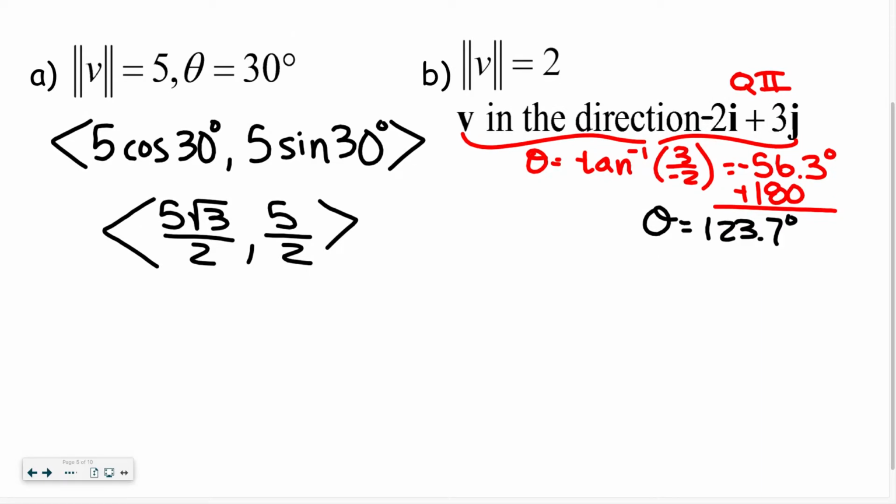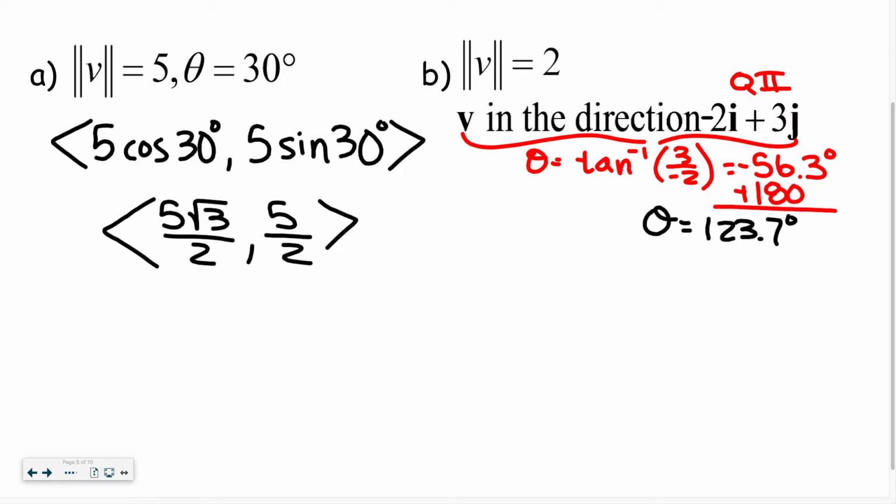Okay. You can't do that without the calculator. If it's an angle from the unit circle, if it's something you recognize, keep it exact. If it's not unit circle stuff, like 3 over negative 2, we don't know a tangent of 3 over negative 2, then let your calculator do the work. Okay.